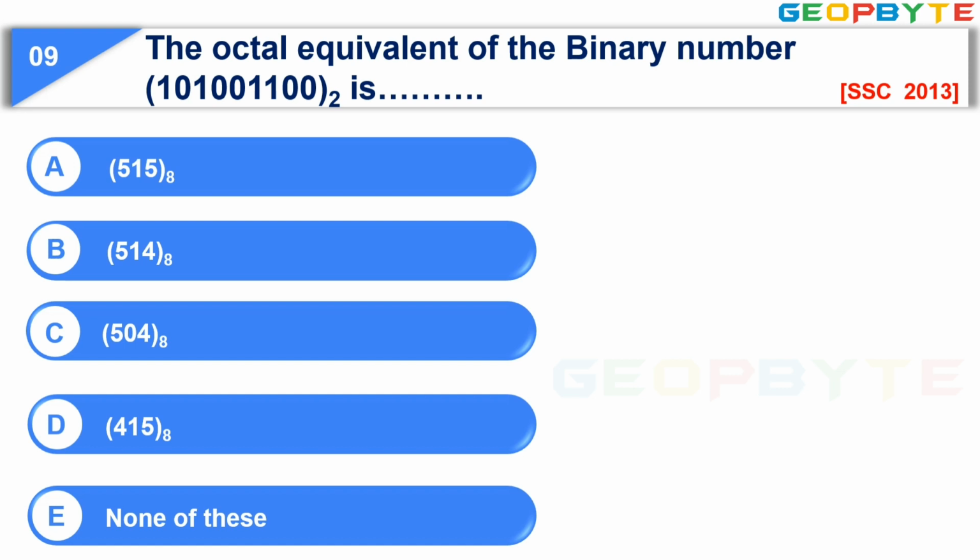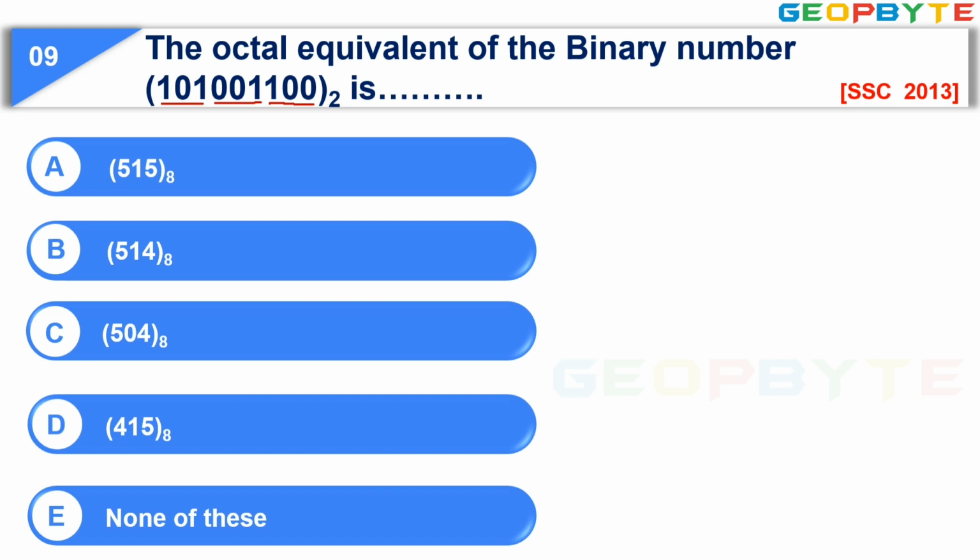We can write 8 as 2 cube, which means we need to group 3 binary digits together. If we group the given number, 100 is one group, 001 is one group, and 101 is one group.